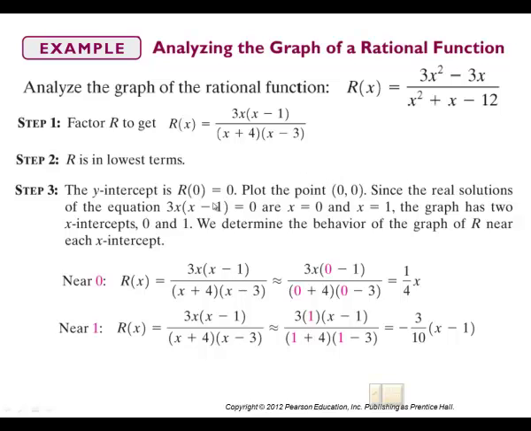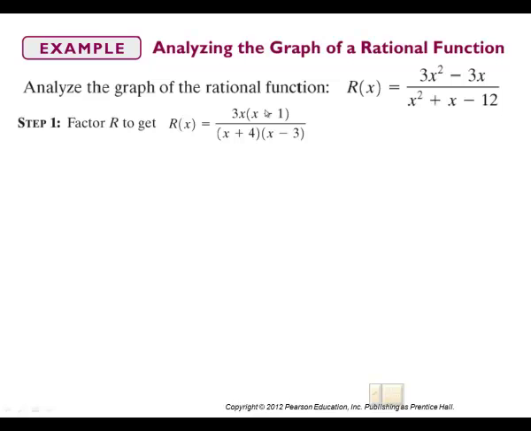We're also going to have, if we set our numerator 3x times x minus 1 equal to 0, we're going to get 0 and 1. So this is what we have so far.